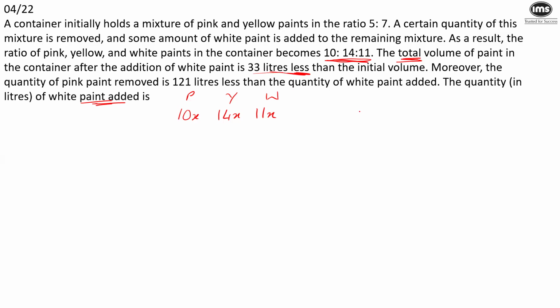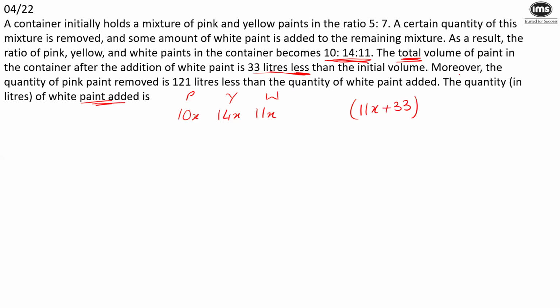But the question says after white is added, this is 33 liters less. That means we have removed 33 liters more. We have removed 11x plus 33 initially and then added 11x, so the total quantity is reduced by 33 liters.